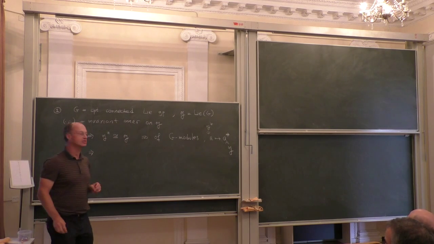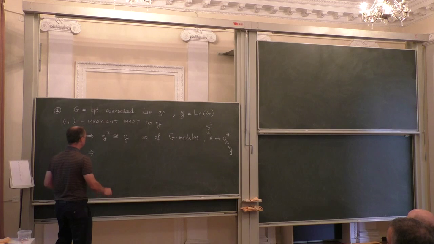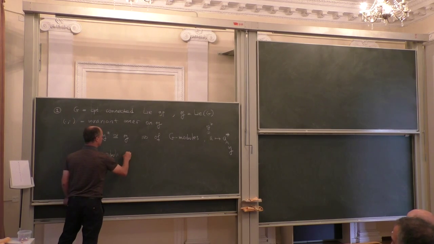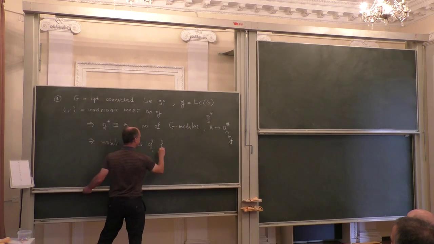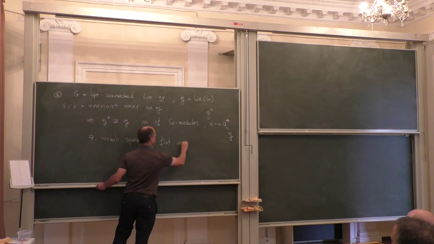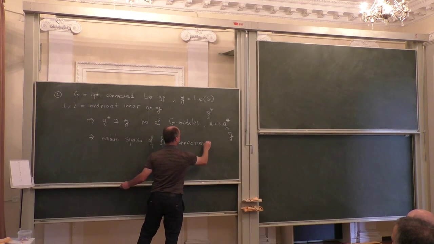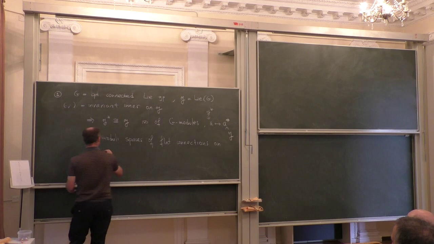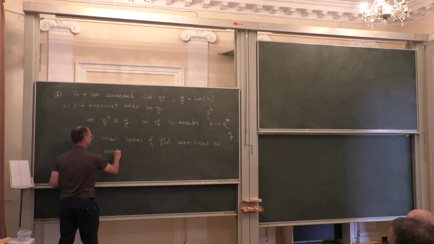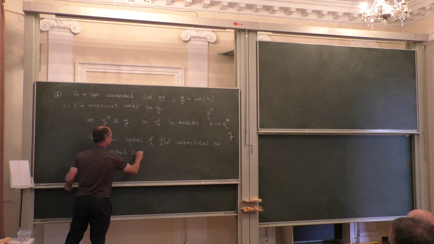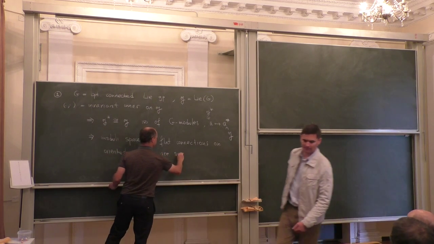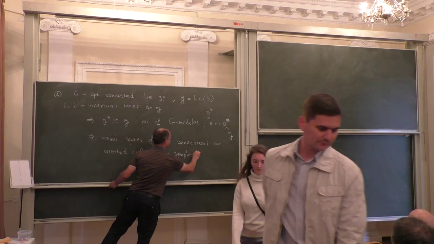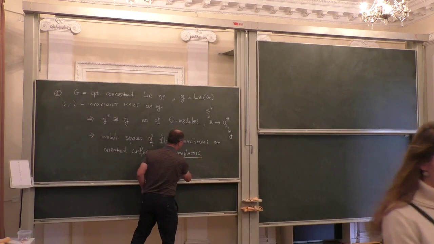Now, that's the first observation, which is obvious. The second observation, which is less obvious, is as follows. Moduli spaces of flat connections on oriented surfaces are symplectic.